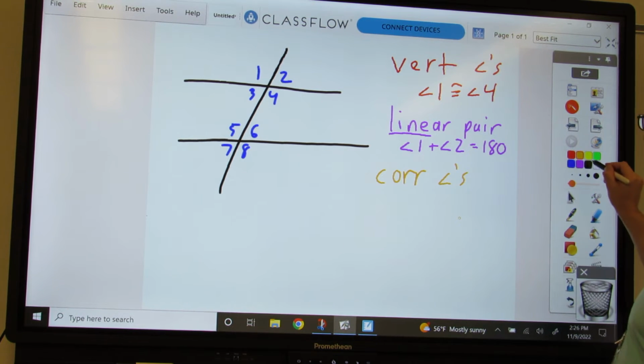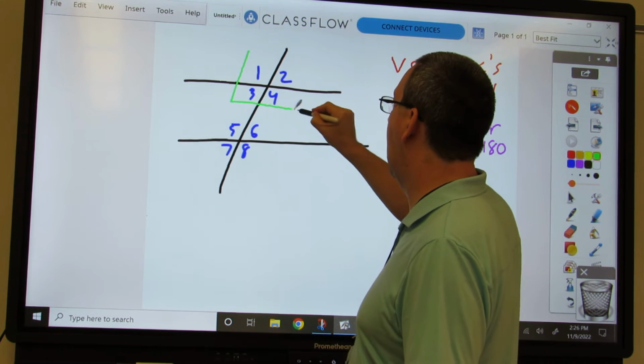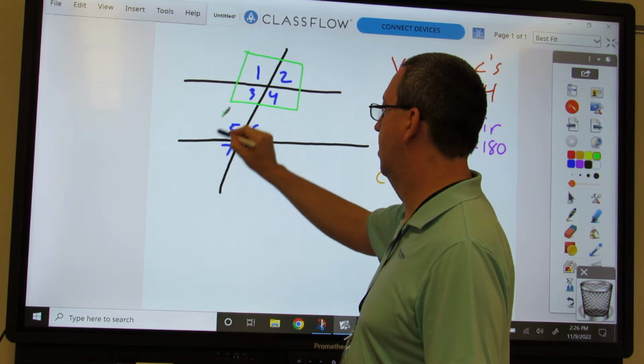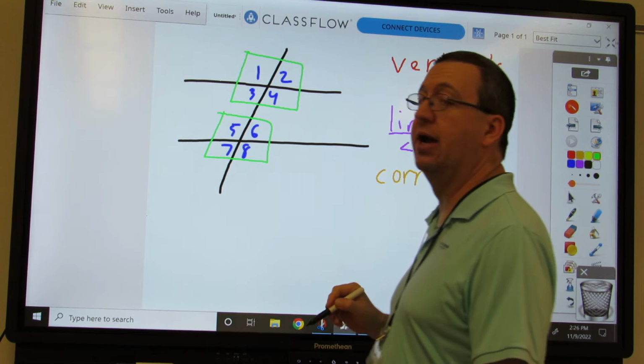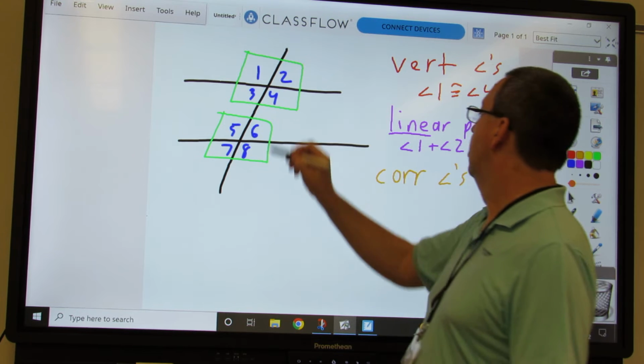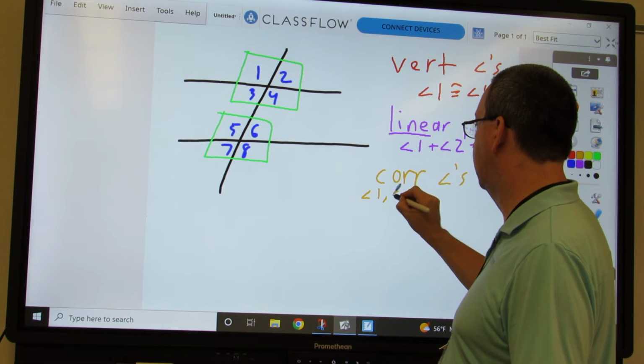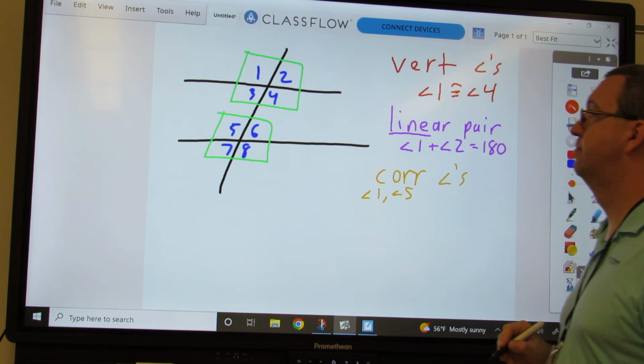So for all the next 4 things we're talking about, I want one angle up here and I want one angle here. When they're in the same relative position, you want them in the same spot on that box. So angle 1 would correspond with angle 5.